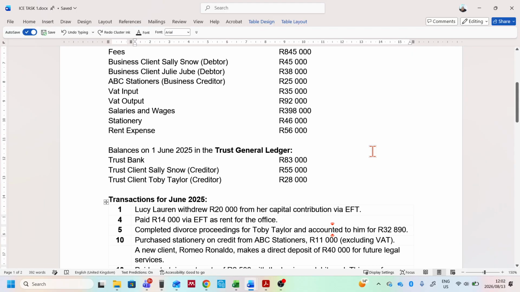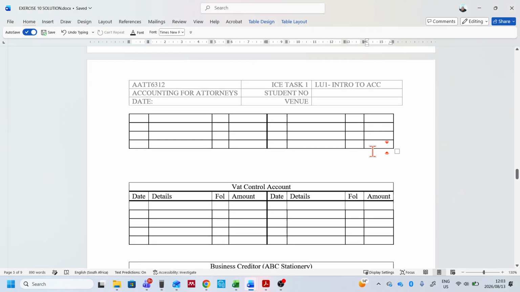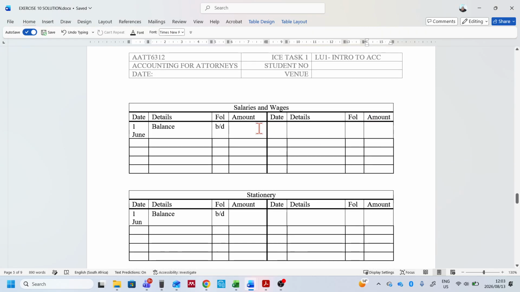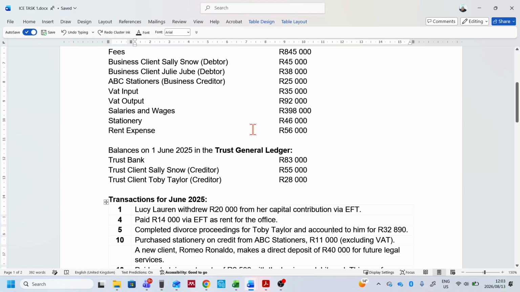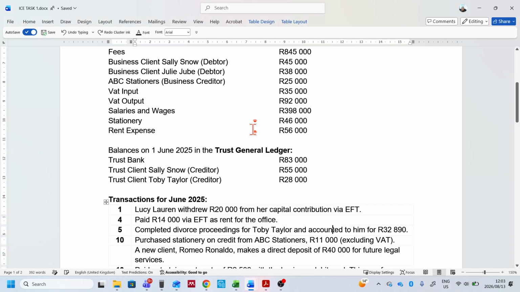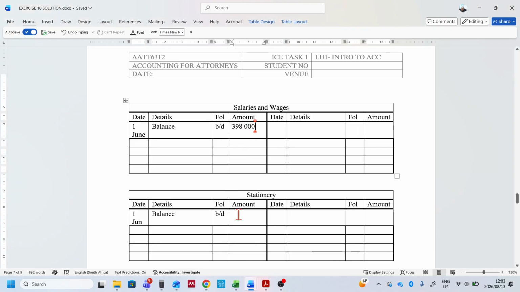Salaries and wages that we have paid. So these are expenses that we have paid so far. So you have got salaries and wages that we have paid so far, 98,000. So this is an expense, 398,000. Stationery that we have paid for so far, 46,000.